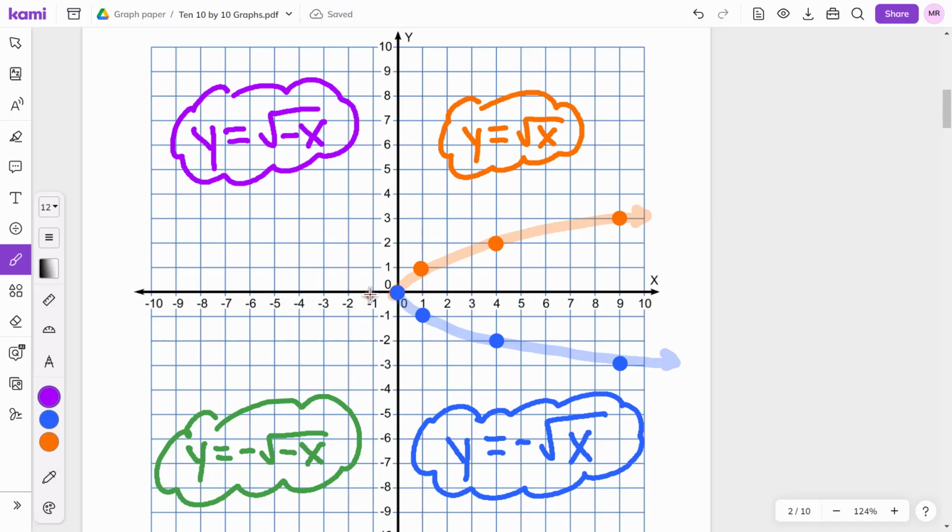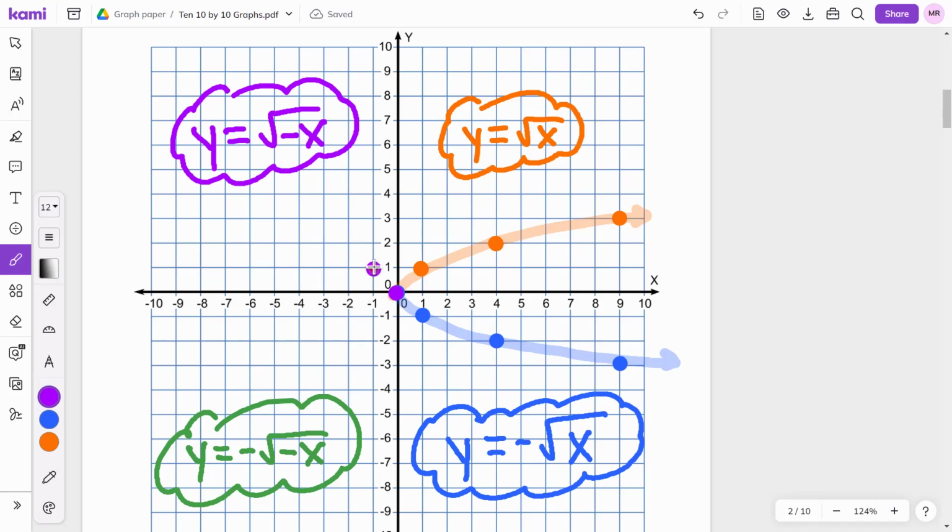But when I put a negative in, the opposite of a negative is a positive, or a negative times a negative 1, for example, is going to be a positive. So it's going to flip it to the left. So a negative 0 is still a 0. Square root of 0 is 0. The square root of a negative 1 becomes the square root of a positive 1.